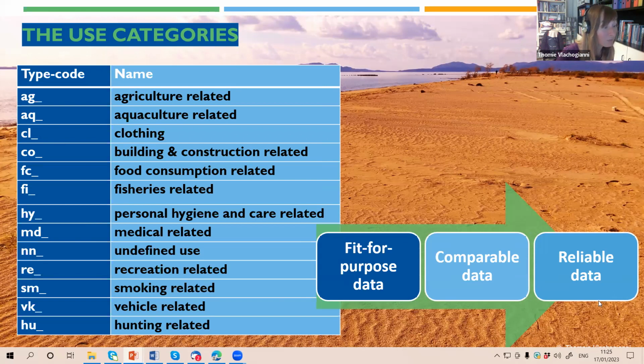And obviously we also have one category entitled undefined, which relates to a use that cannot be restricted to one of these uses, meaning that this item can be used in multiple ways, in multiple sectors, so it is not possible to pinpoint it to one specific human-induced activity.